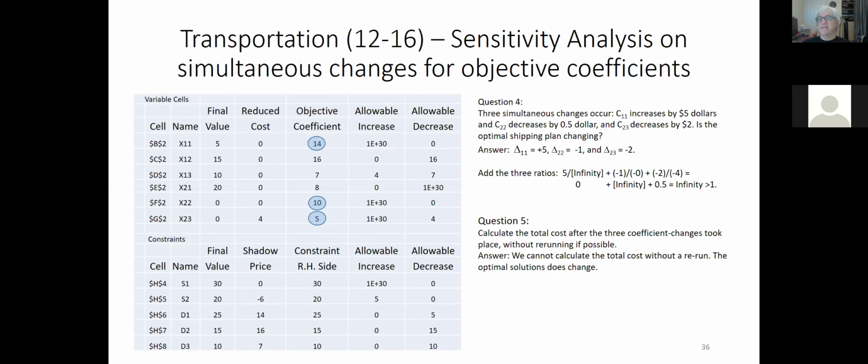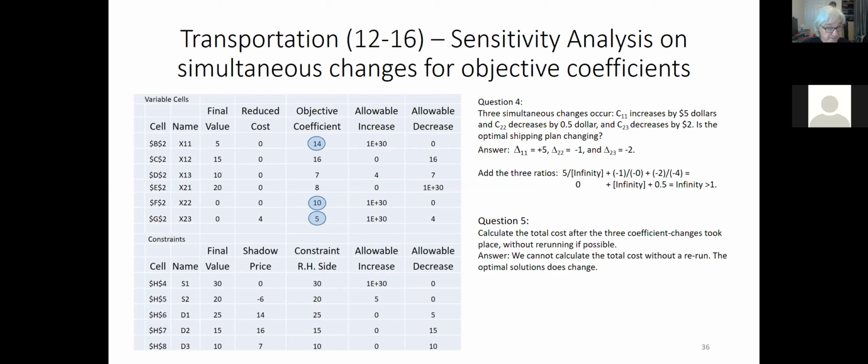And that's because the one in the center, when you divide by 0, you get infinity. So the sum is already more than 1. The conclusion is the optimal transportation plan is not going to stay the same. Therefore, for the question of recalculating the total cost without the need to rerun, the answer is impossible. You'll have a new transportation plan. You must rerun if you want to know what it is.